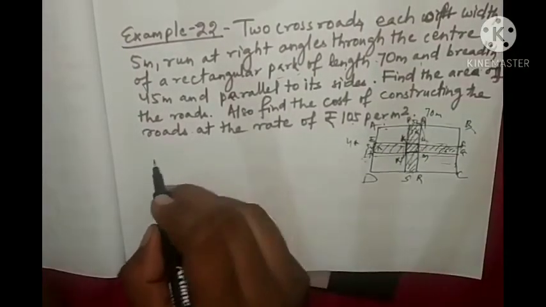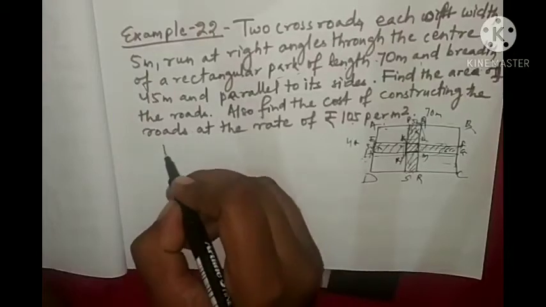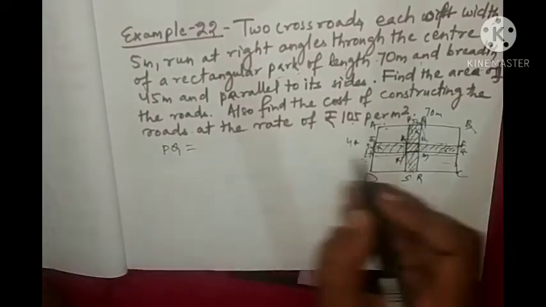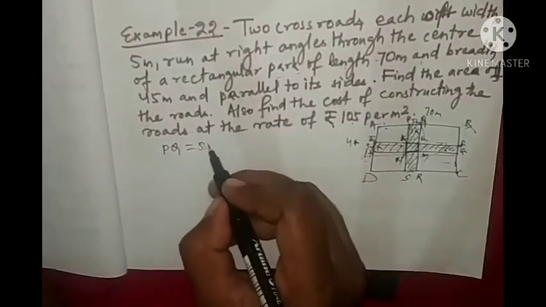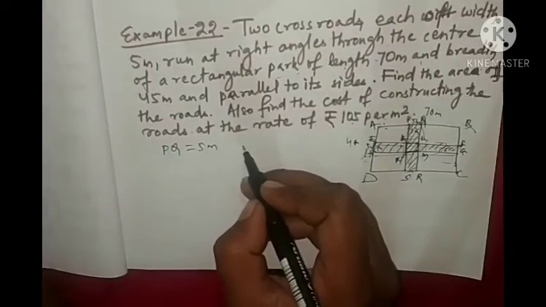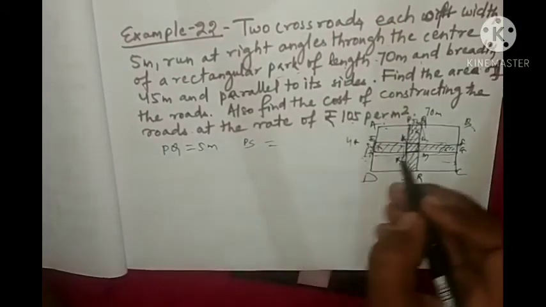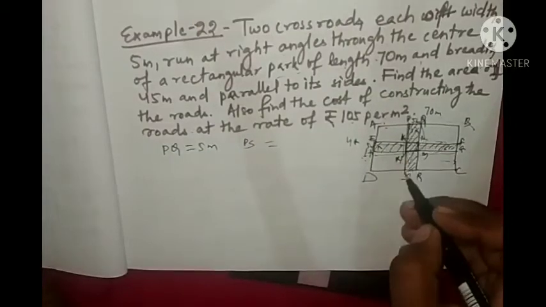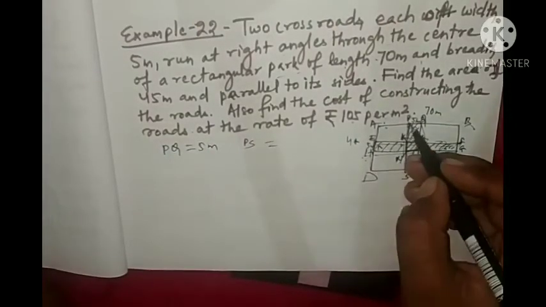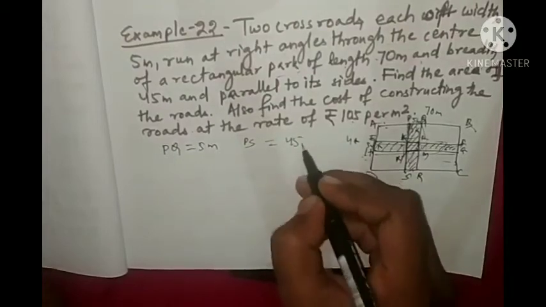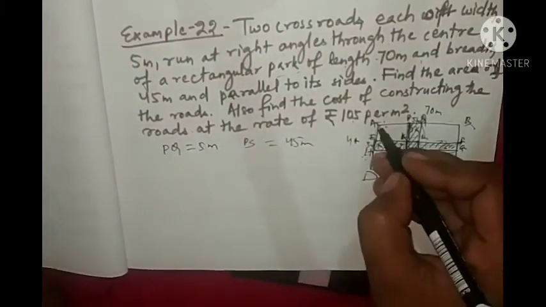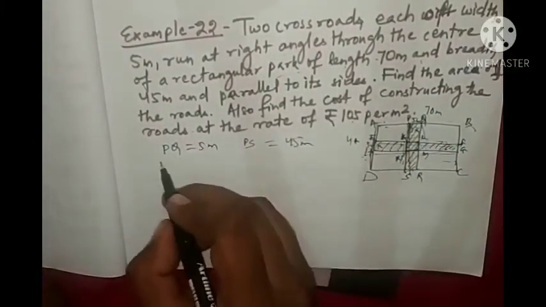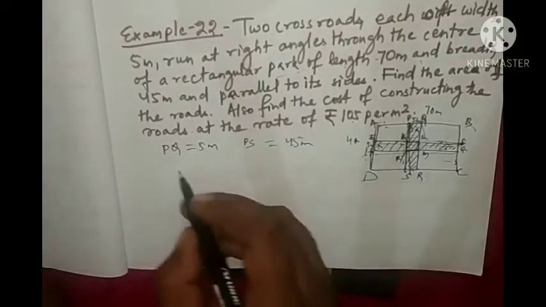Now we find out PQ. PQ equals 5 meter. Then PS is how much? This is the length, this is the breadth of the park. PS equals 45 meter. Next, EFGH.